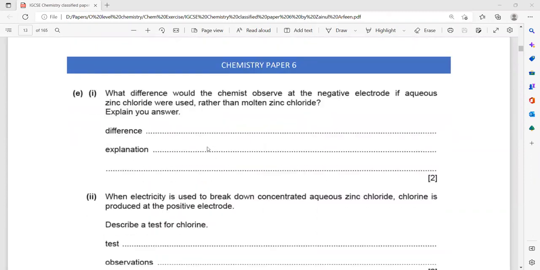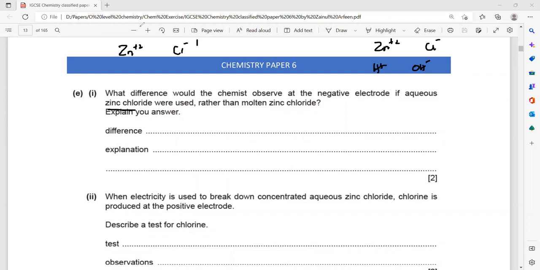What difference would the chemist observe at the negative electrode if aqueous zinc chloride is used rather than molten zinc chloride? Molten zinc chloride contains zinc ions and chloride ions. But aqueous zinc chloride contains zinc ions, chloride ions, hydrogen ions, and hydroxide ions.